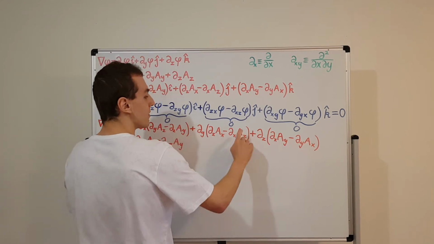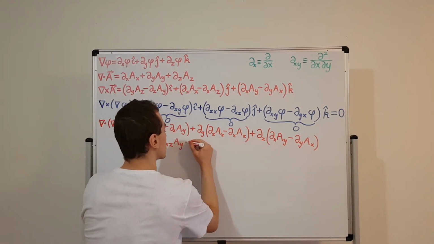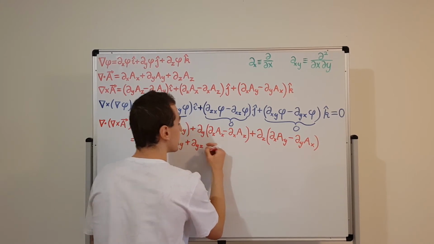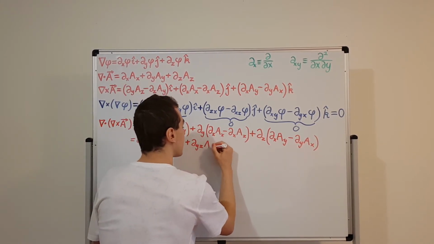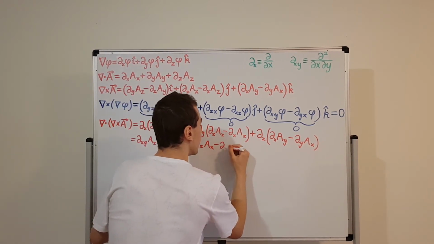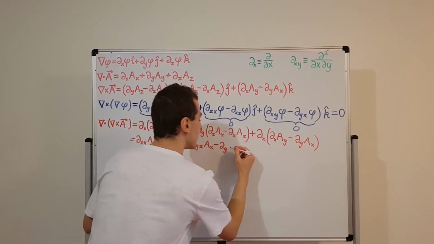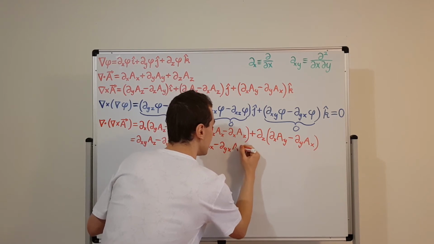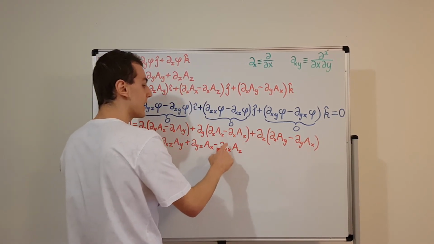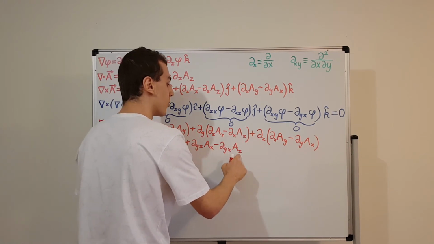So let's do that for these two as well. Here we're going to get plus dyz, so that's y and z, and that's acting on ax. And then we're going to subtract from that dyx acting on az. So that's this term over here, yz acting on x, and yx acting on z.